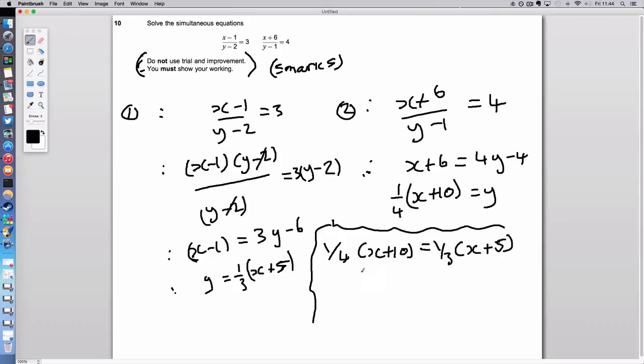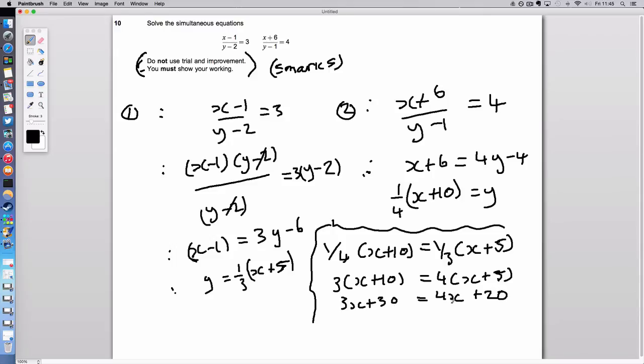Okay, so in order to get rid of the quarter and the third, we multiply by 3 and multiply by 4. We could even just times by 12, which is the common multiple of both. So if we multiply by 12, we get 3 times (x plus 10) equals 4 times (x plus 5), and then simplify: 3x plus 30 is equal to 4x plus 20.